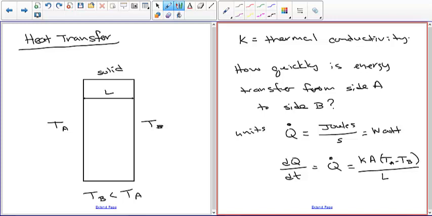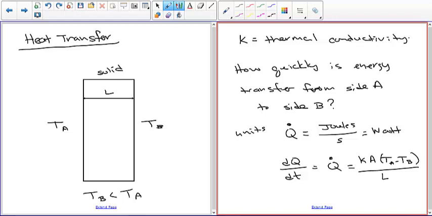So it's the thermal conductivity of this book, which depends on what it's made out of, times the area. The bigger the area, the more energy I can transfer through it. The bigger the house you have, the more energy you can transfer out of it.